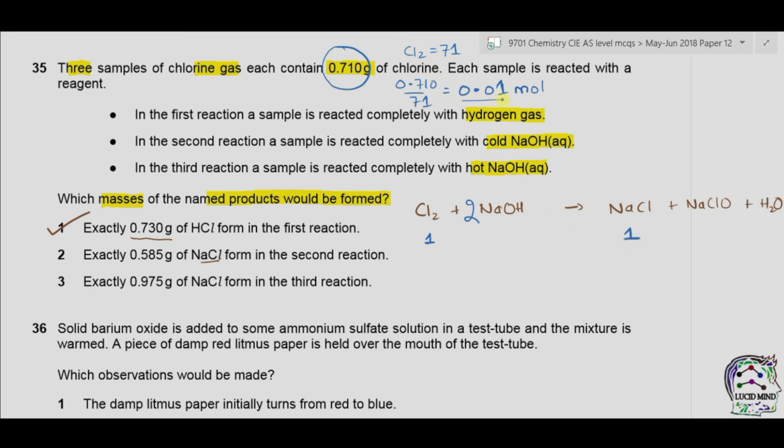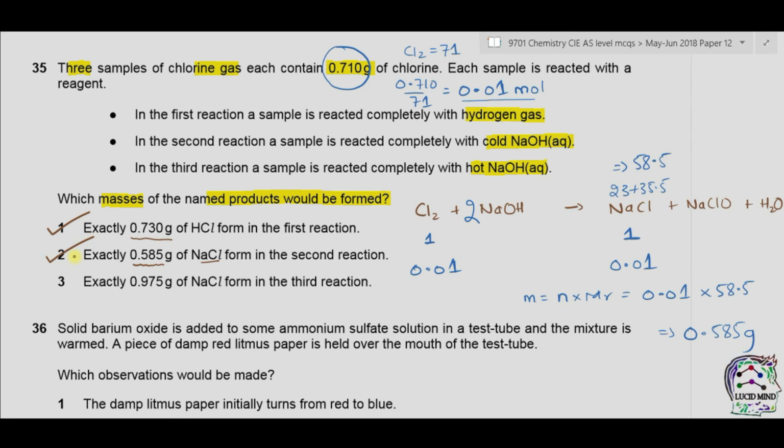So it means 0.01 moles of chlorine will form 0.01 moles of sodium chloride. Now converting this moles into mass, the atomic mass of sodium is 23, for chlorine it is 35.5, so in total the molecular mass becomes 58.5. Mass in grams is equal to moles into molecular mass. Moles is 0.01. Molecular mass is 58.5 for sodium chloride, so it comes equal to 0.585 grams.